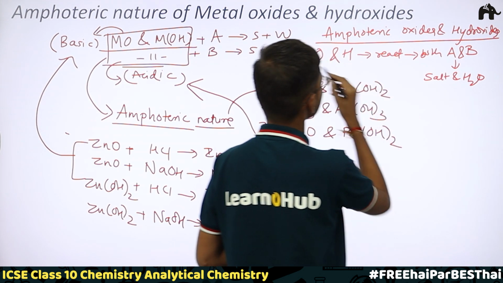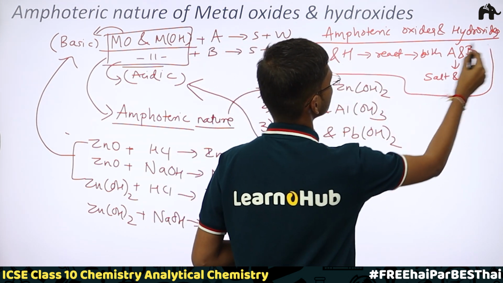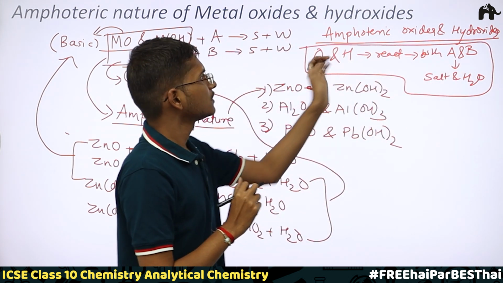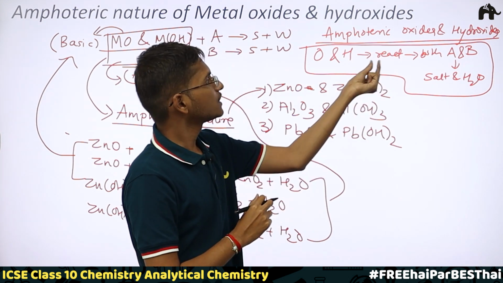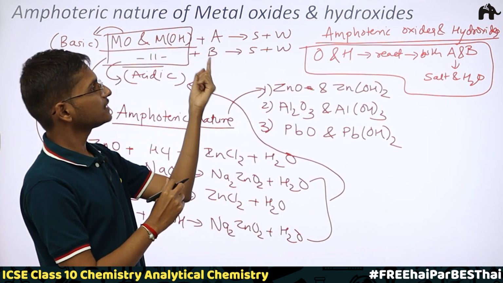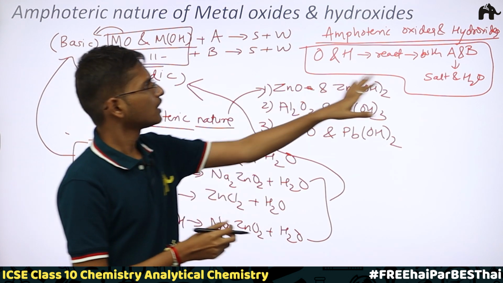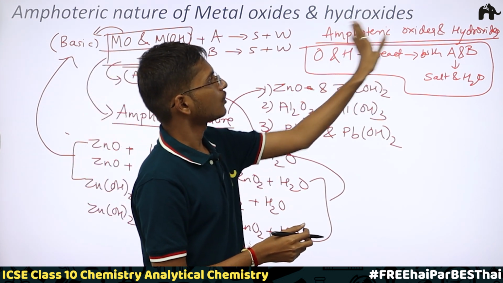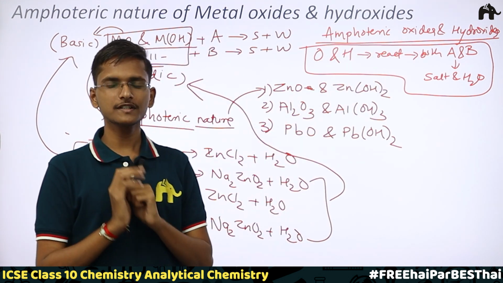I have condensed this definition in simple terms for you to remember. Those oxides and hydroxides which react with both acids and bases to form salt and water are called amphoteric oxides and amphoteric hydroxides.